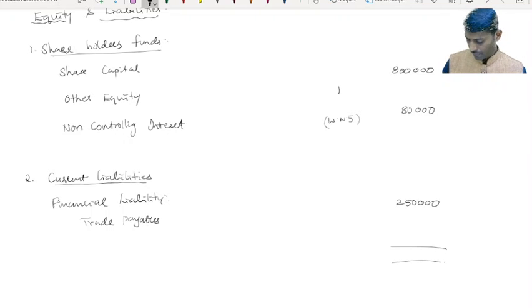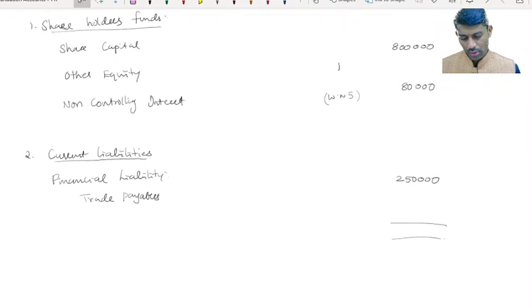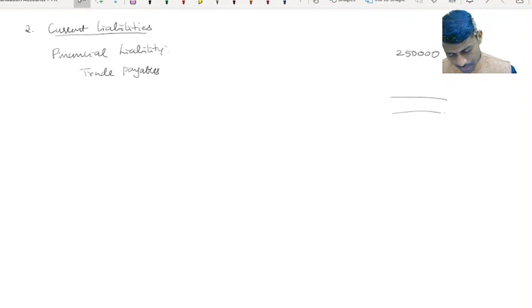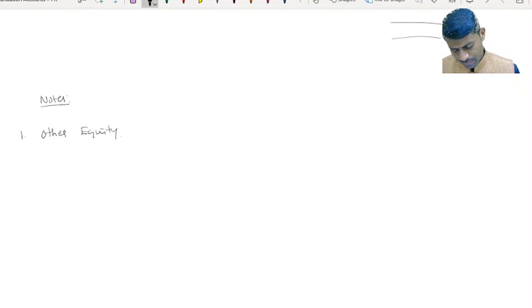So that's it. Under this, what am I supposed to give? Only one note, other equity. Note number 1, other equity. So other equity, what is the position we have written, my dear friends?